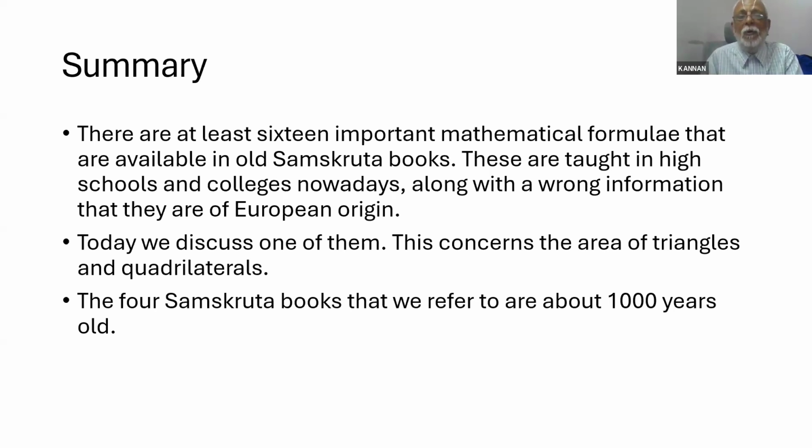Another speaker was talking about Bodhayana's theorem, which is also known as the theorem of Pythagoras. In this way, there are many formulas available in these books which are at least 1000 years old. I have counted at least 16 of them, it may be more also.